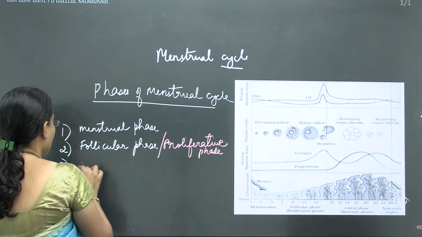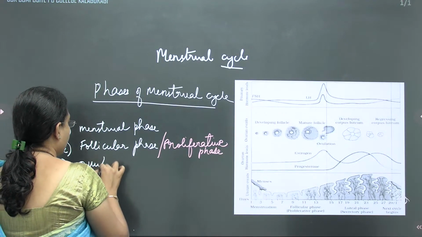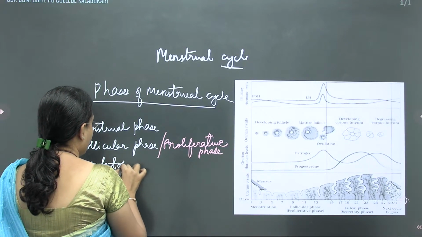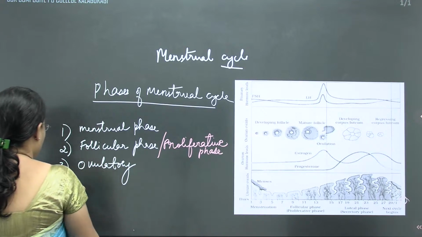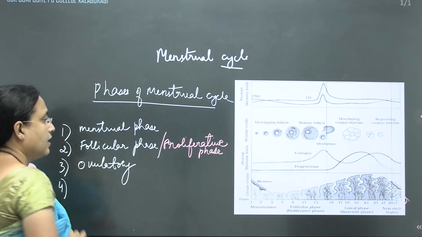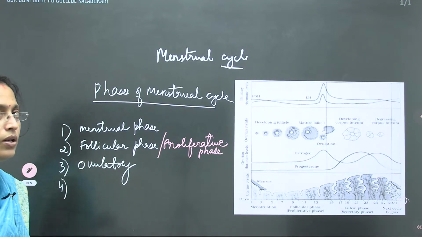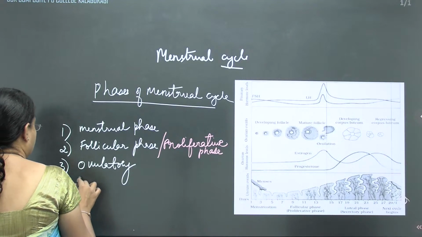Third phase is the ovulatory phase. And the fourth phase is nothing but the luteal phase.